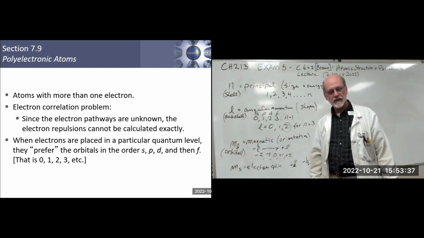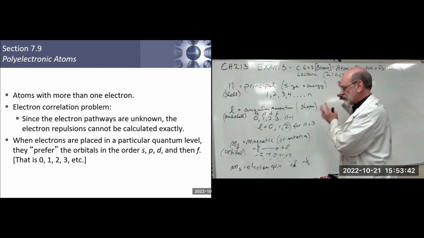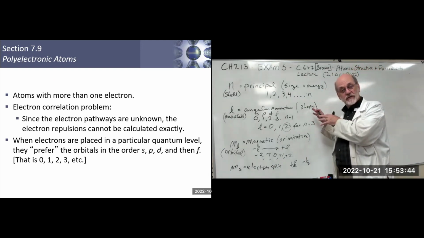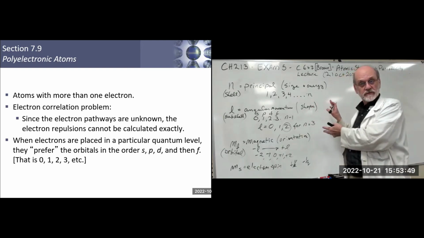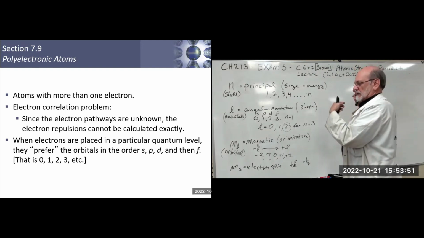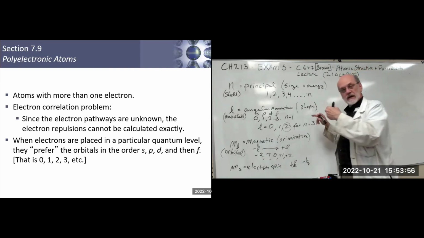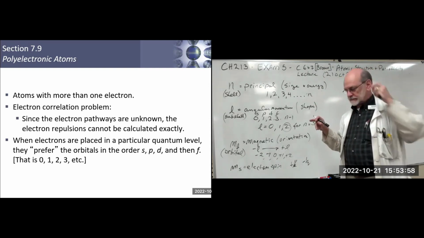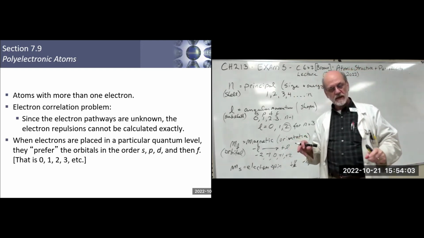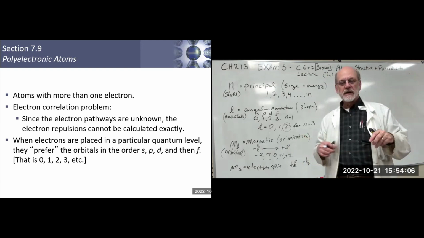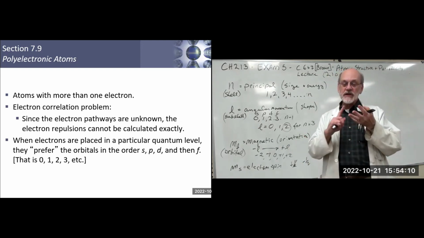Now the problem arises when we start to try to understand energy levels, like I was talking about before with the Heisenberg uncertainty principle. That was that these energy levels are not fixed. These energy levels are influenced by both the number of protons in the nucleus and the number of electrons.